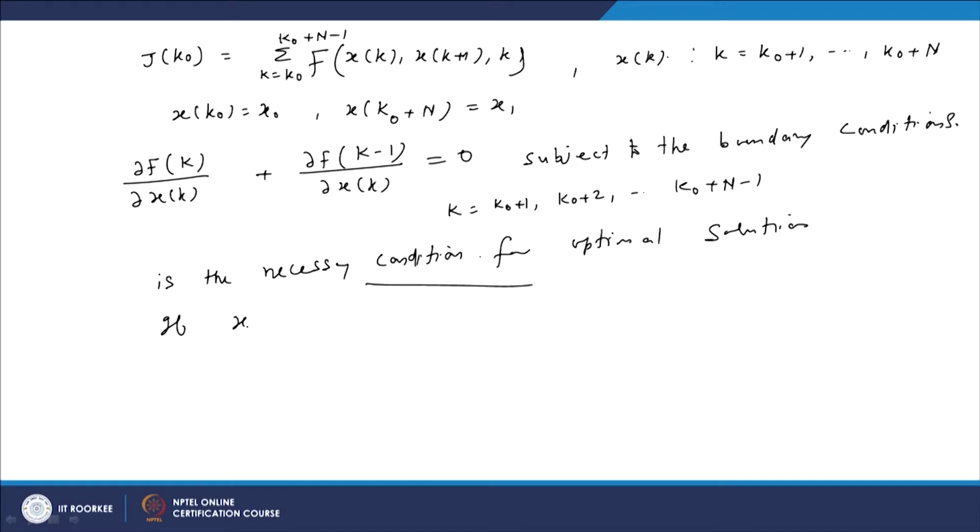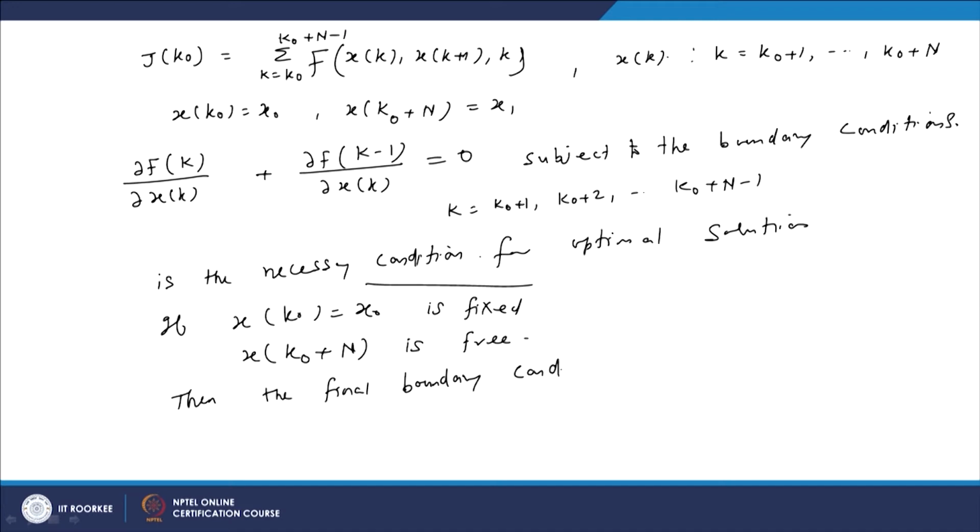If x of k0 equal to x0 is fixed as in the previous case, and the final value x of k0 plus n is free, which is not specified, then we have seen that the final boundary condition is del f of k minus 1 by del x of k, evaluated at k equal to k0 plus n, should be equal to 0.